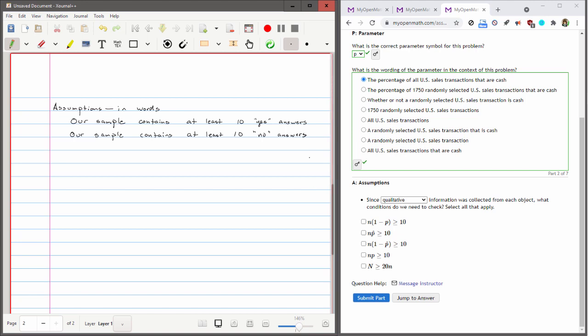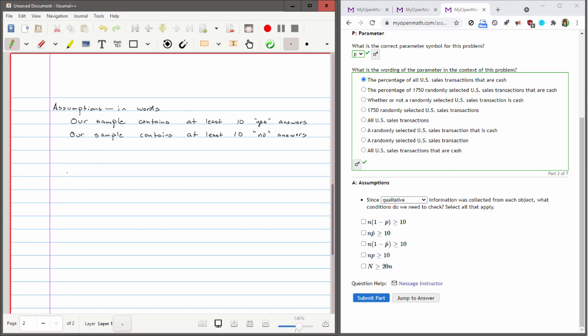And so the way to think about that is neither yes answers nor no answers are super duper rare. We didn't just accidentally miss seeing all of the cash transactions, or all of the non-cash transactions, because our sample was too small or because they're too rare.